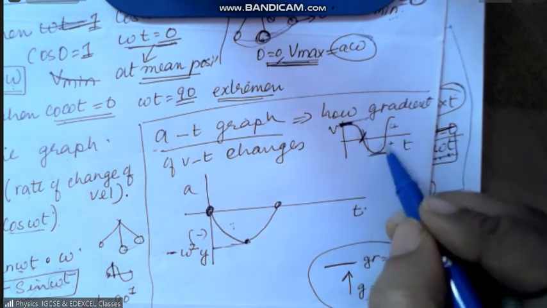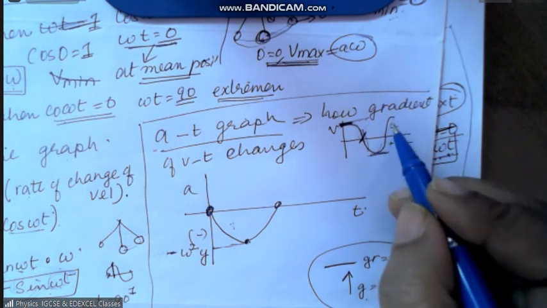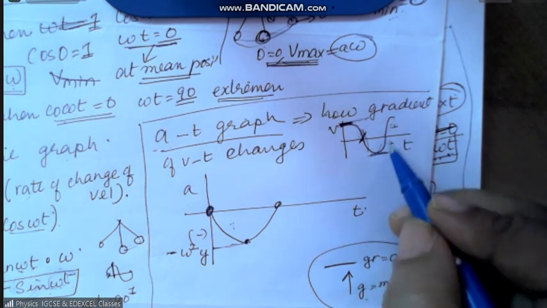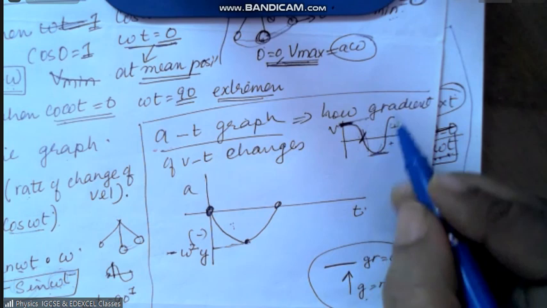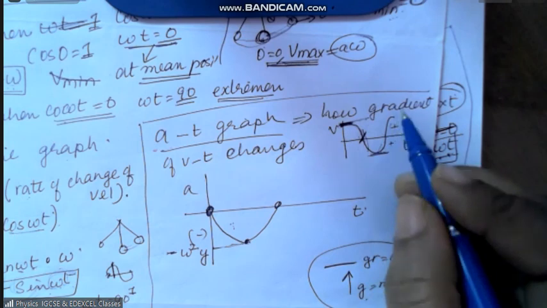Why? Because it's rising. If it is rising, it has positive gradient. Therefore, the gradient increases to maximum. Now the gradient decreases to 0.